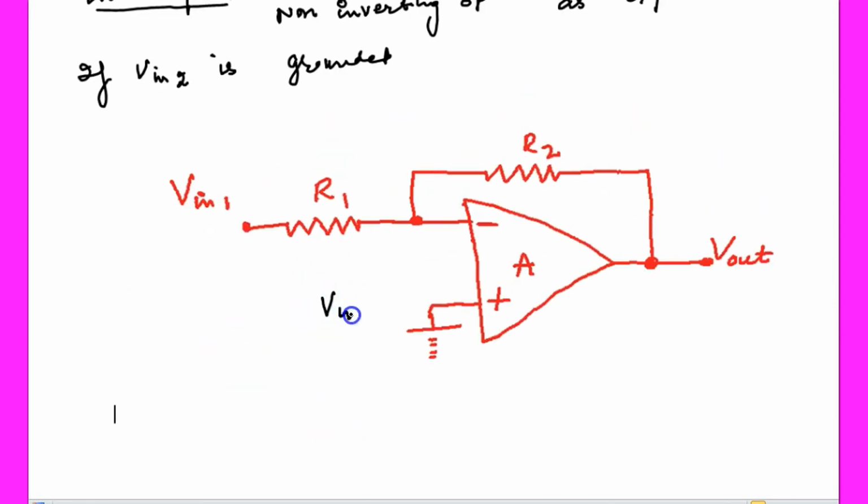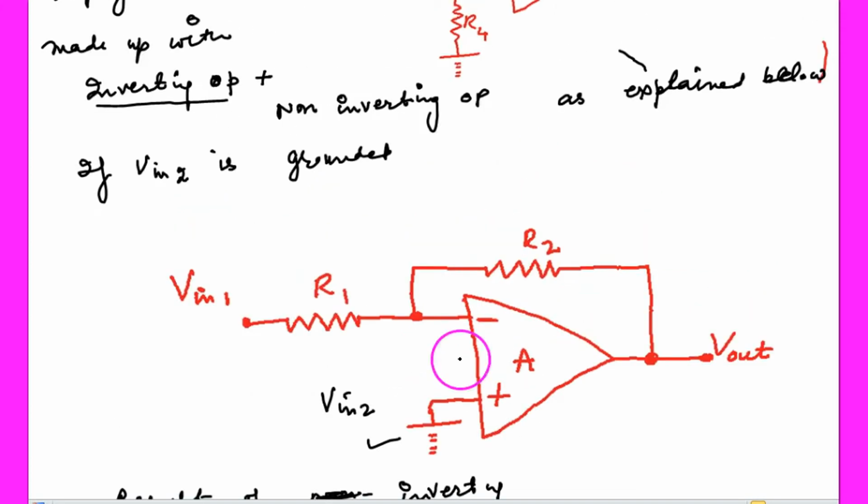If V in2 is grounded, there is no input at the non-inverting terminal, then this op amp becomes an inverting operational amplifier.